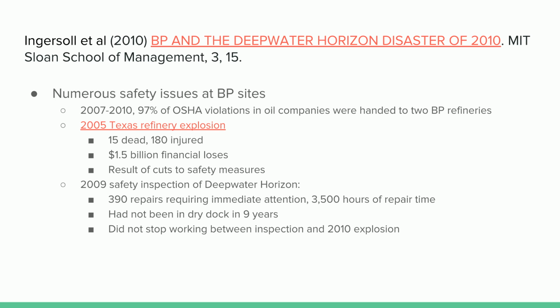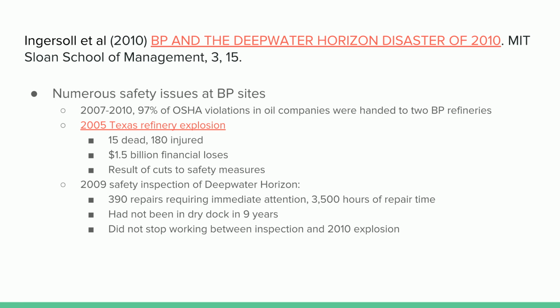The inspector also evaluates that around 3,500 hours of repair time are needed to bring the rig back up to code. This is in 2009. It was found after the explosion that it had not been in dry dock for repairs in 9 years, and it didn't stop working at any time between the most recent inspection in 2009 and the time that it exploded in 2010. So they were aware of quite a number of significant issues needing immediate attention.